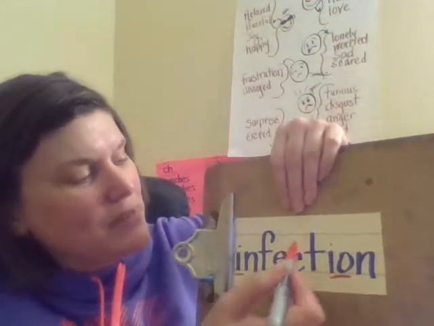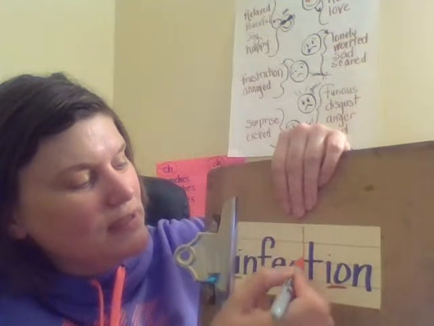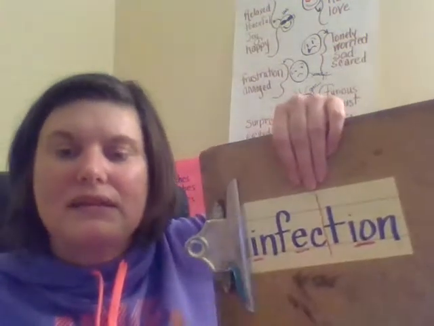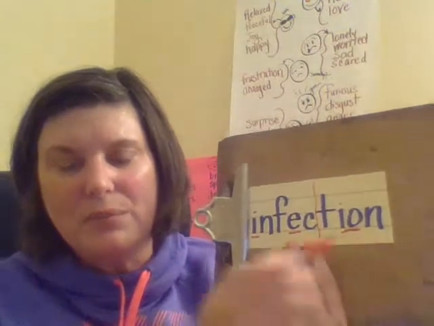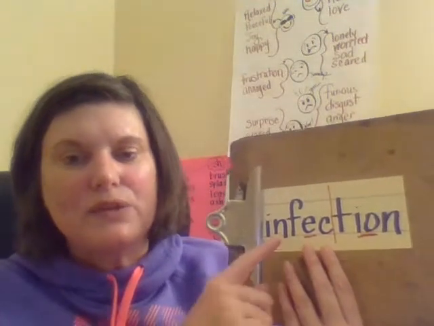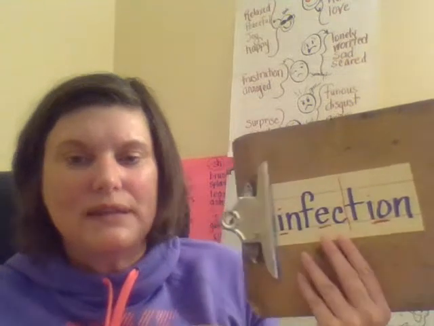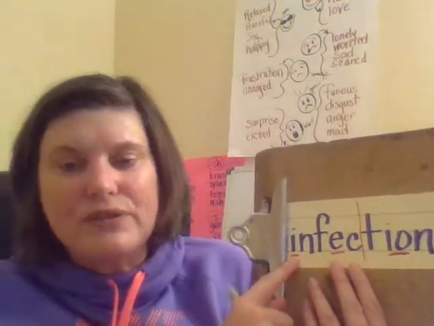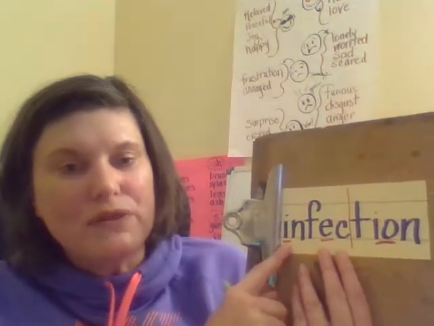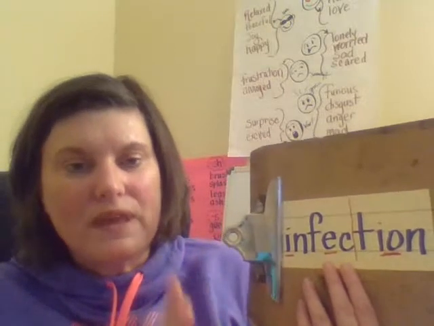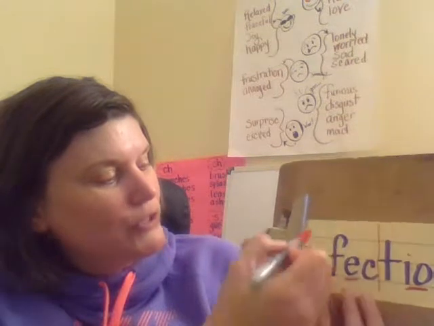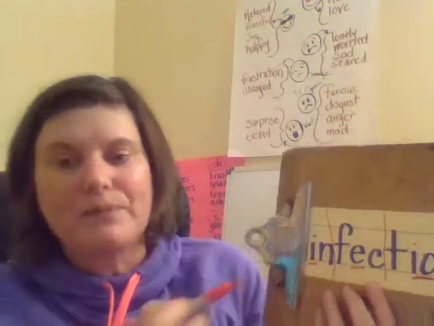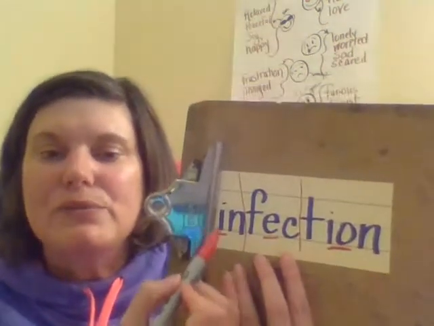Now, the first thing I'm going to do, I know shun is a sight syllable that we see at the end of many words. So I can go ahead and break that off there. So I know we've got 1, 2, 3 syllables. Let's look here. After the first vowel, remember if you have more than one consonant, you split them. So we've got 1, 2. So we split there.